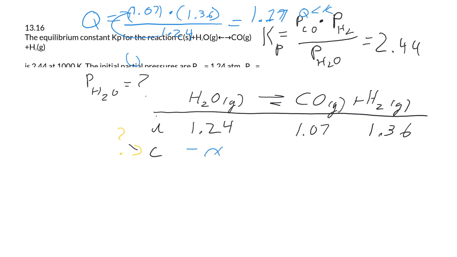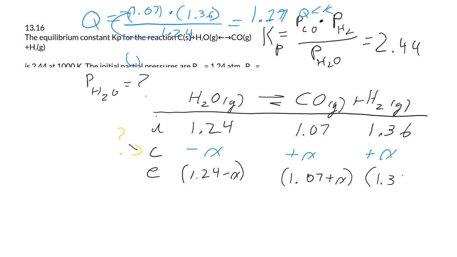So we know that it's going to be minus X, plus X, plus X. So our equilibrium concentrations are going to be 1.24 minus X, and then 1.07 plus X, and 1.36 plus X.